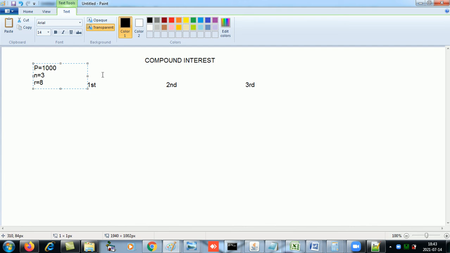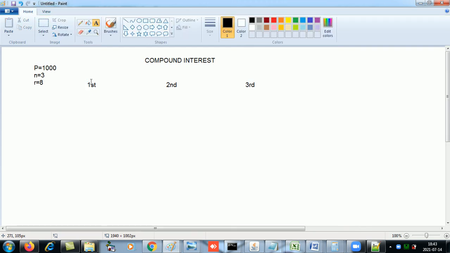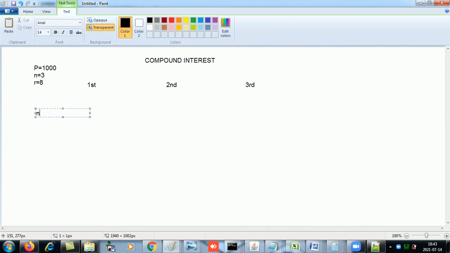What happens over here in compound interest is that the interest calculated in the first year is added to the principal for the next year. I'll explain this. So let's calculate the interest for the first year. Let's take N as 1.